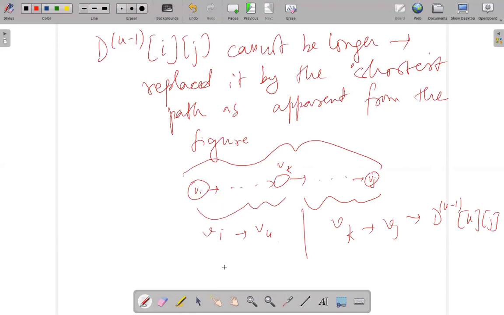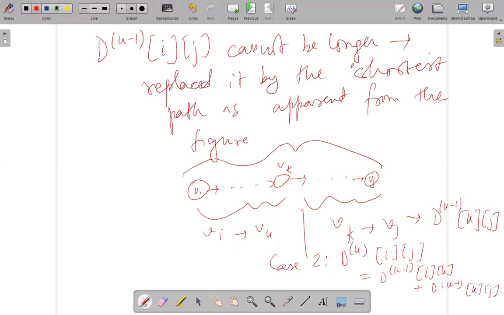Okay. So therefore, in case 2, the shortest path length d^k_ij is equal to d^(k-1)_ik plus d^(k-1)_kj.